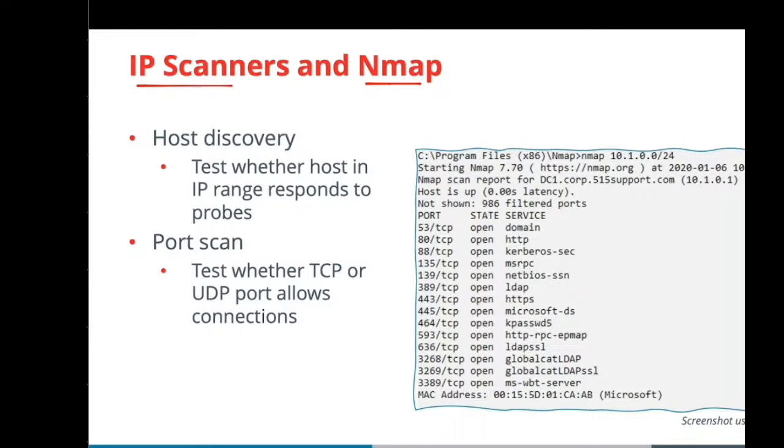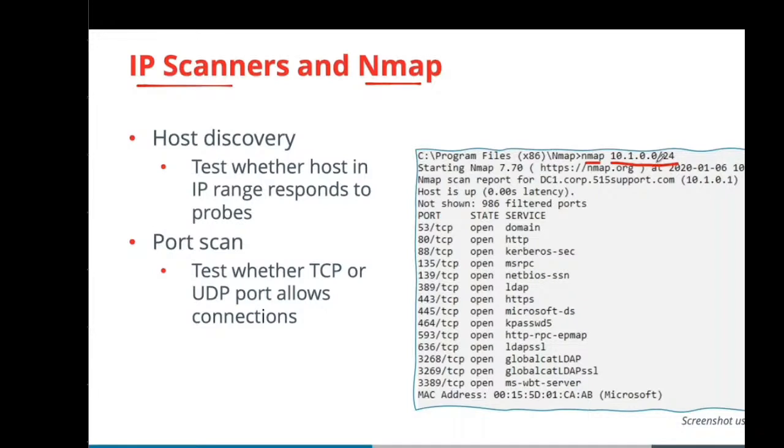You can see the syntax over here: Nmap space 10.1.0.0/24. That's basically the IP address range. This Nmap command will go and try to ping and get the open ports in all the 255 IP addresses, starting from 10.1.0.1 to 10.1.0.255.